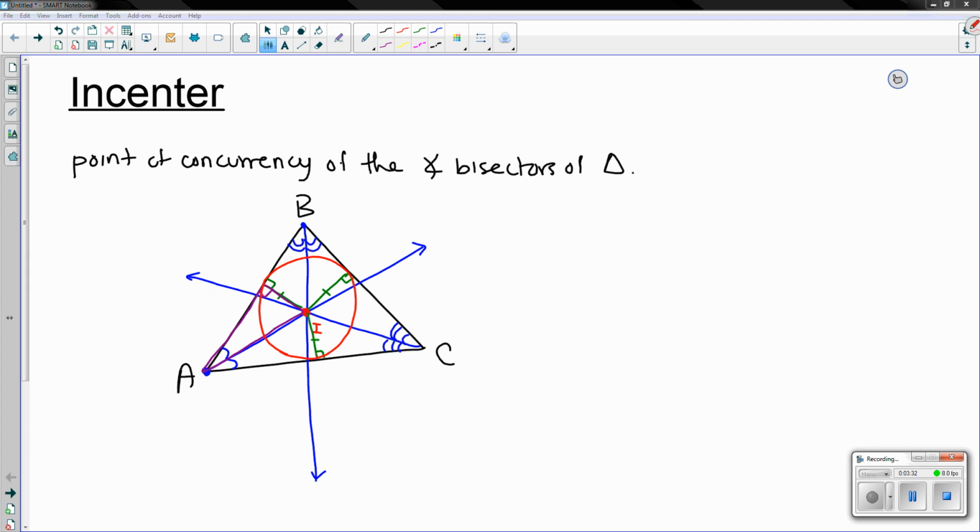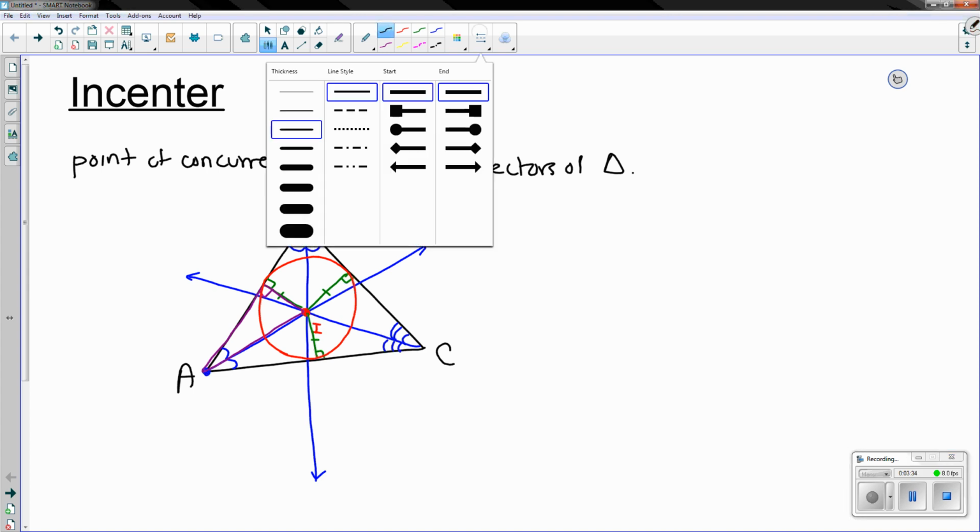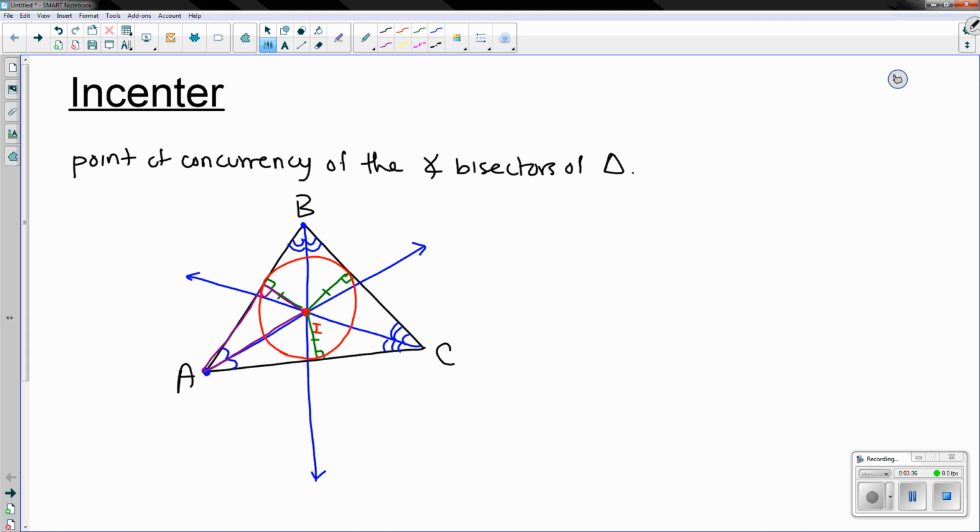So now that we know what the incenter is, how do we actually find it? Given that we have x, y coordinates for the vertices of our triangle, we can use this formula for the incenter.